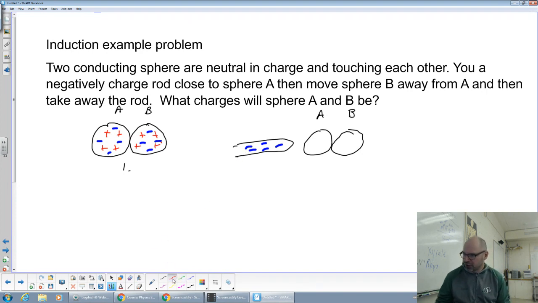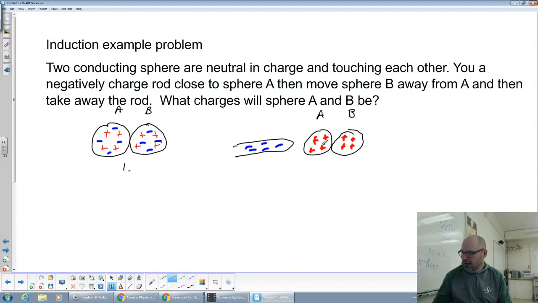The positive charges are the same: 1, 2, 3, and 4. I should put the 4 positives in first.